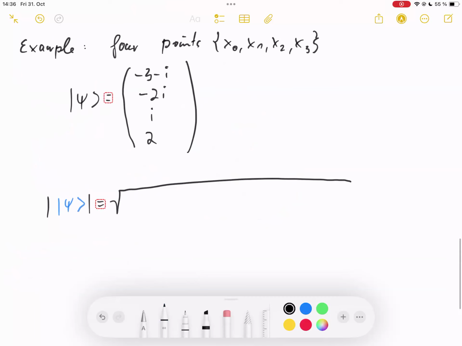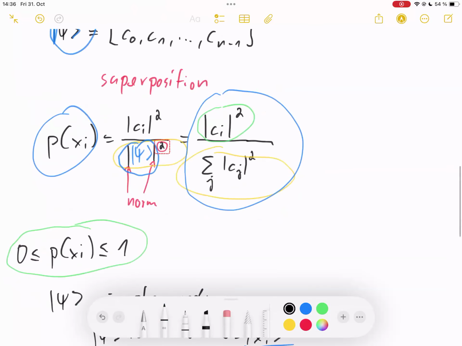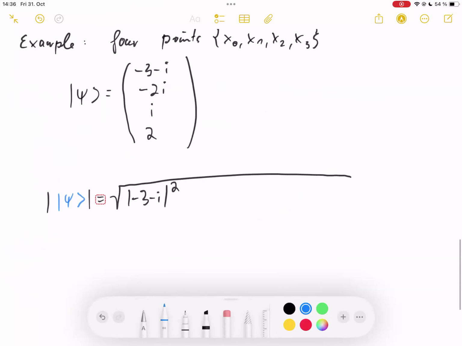So in case you don't know what to do, you can just see from what I'm doing. The first entry is -3 minus i, and I want its modulus squared, because we set this down here. We take the modulus squared of the individual entries and sum them together.